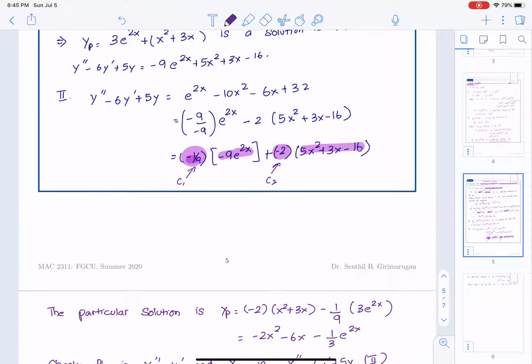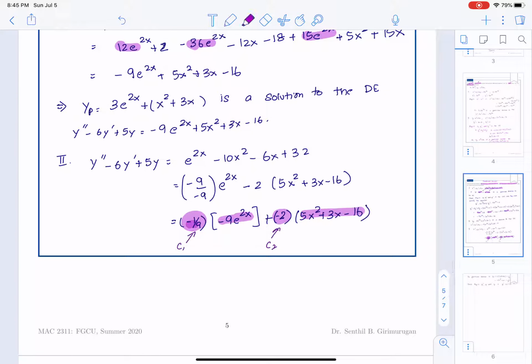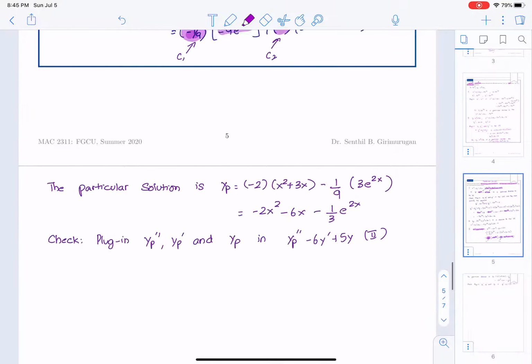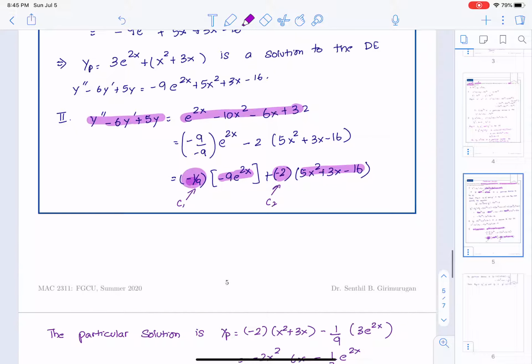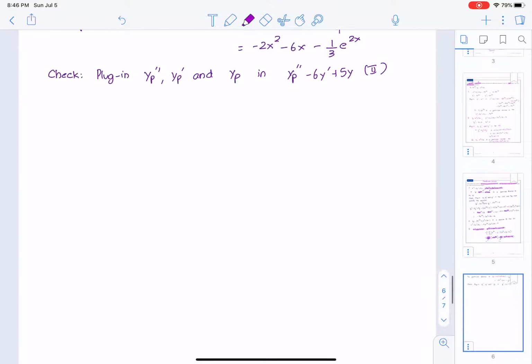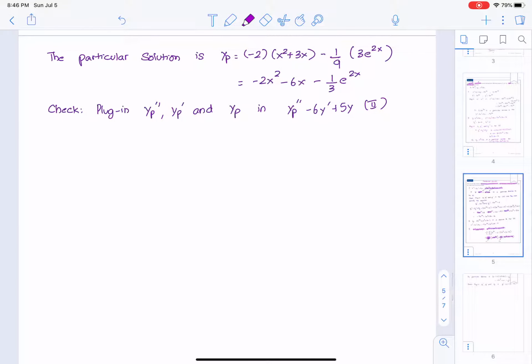So right here, and we must get that right-hand side. I'm saying if the non-homogeneous part is a linear combination of the previous two non-homogeneous parts of the equation on the left-hand side, which is y double prime minus 6y prime plus 5y, then what I have here must be a particular solution. So I'm going to plug those in and see if it works out.